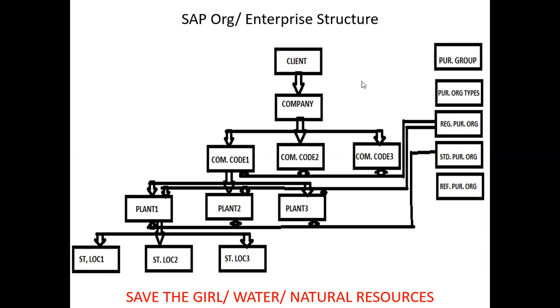In real time, there will be a client called the golden client. That will be client 100. That is the golden client. Your project will purchase the license, from your project budget. The 100 client is the golden client. The 800 client will not be in any projects.